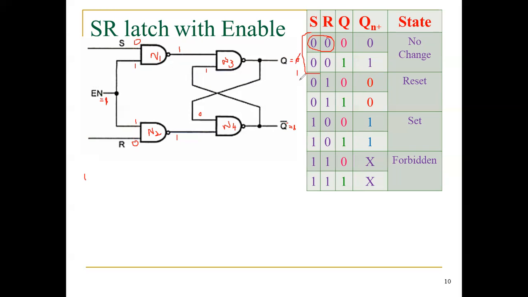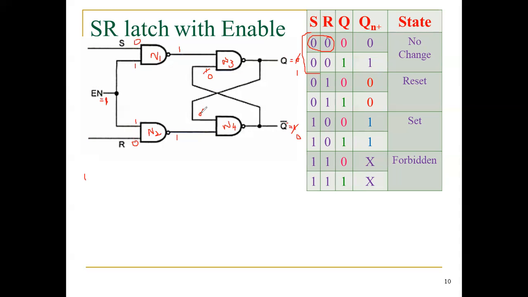Suppose I would like to take, instead of 0, 1 as the Q output. What will happen? My Q bar will be automatically 0. So this 0 now comes to here. That is my N3 input, one of the inputs equal to 0. That makes my output equal to 1, because one of the inputs of N3 equal to 0. So that makes 1 as the output.